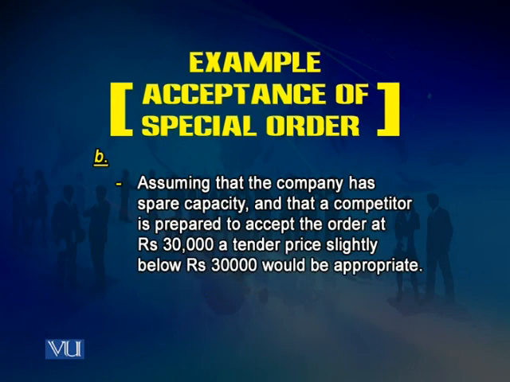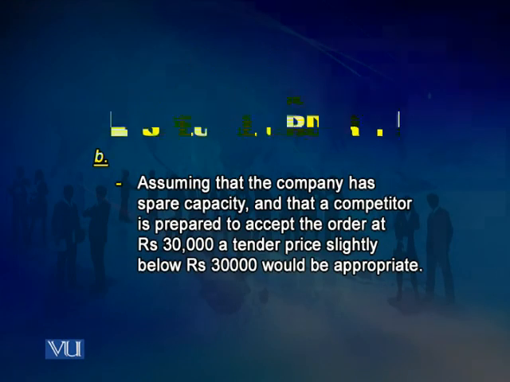Assuming that the company has spare capacity and the competitor is prepared to accept the order at 30,000, a tender price slightly below 30,000 would be appropriate. This is the basis on which we should make our decisions.